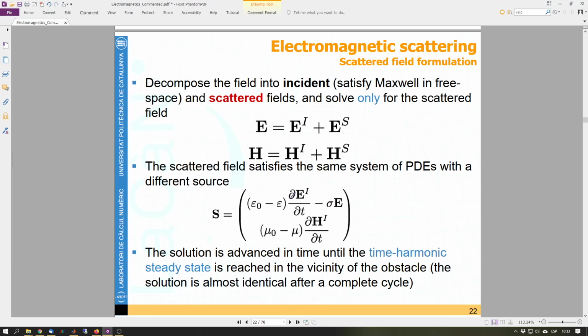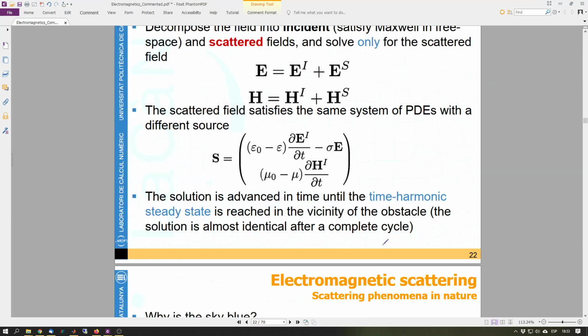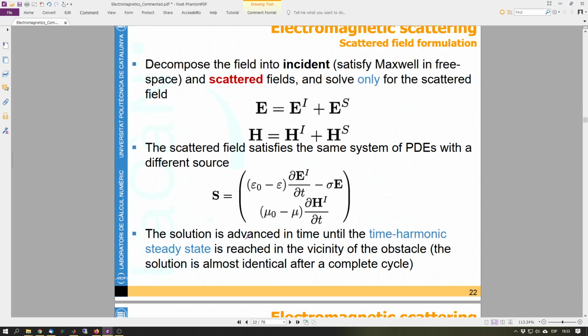And with that, this is known, and that's for solving the direct problem, in the scattered problem. Then we can do exactly the same thing that we had: doing the time harmonic steady state, so that depends on omega, and doing the Helmholtz equations only for the scattered field.